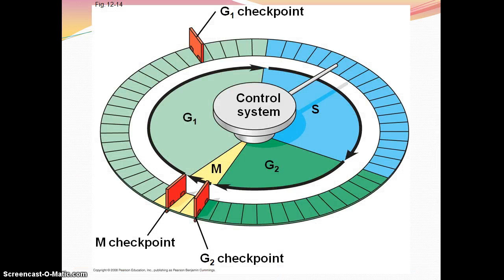So here's a picture showing the 3 of those checkpoints that we know of. There's a G1 that's going to occur in the G1 part of interphase. There's a G2 which has to occur at the end of the G2 phase. And then there's also a mitosis or M checkpoint that occurs in the midst of mitosis.